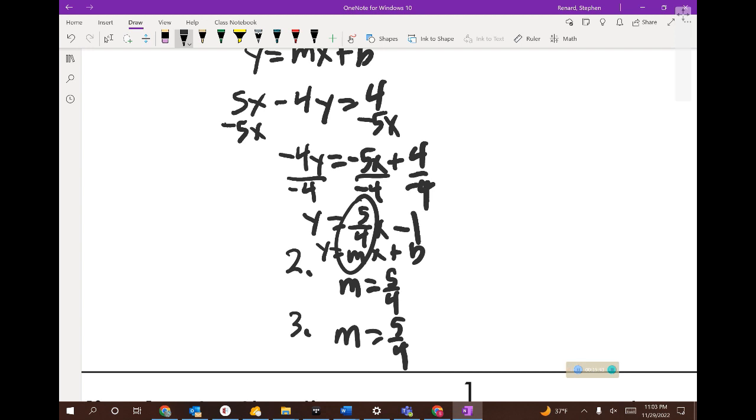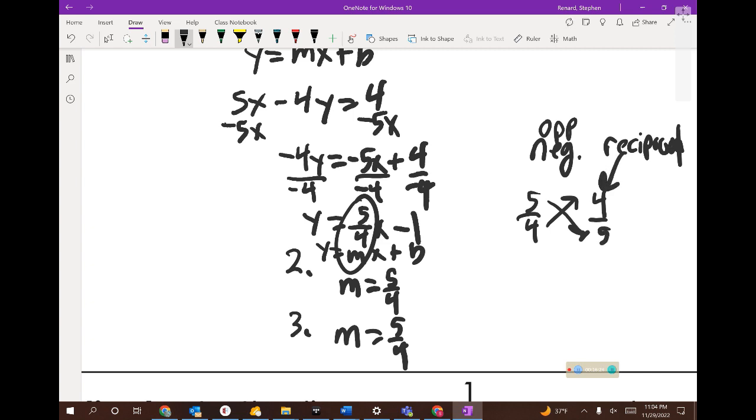Remember, perpendicular is the negative or opposite reciprocal of the other slope. So if we knew that the slope of the given line was 5/4 and we wanted the perpendicular line to that, we would take 5/4 and flip it upside down.